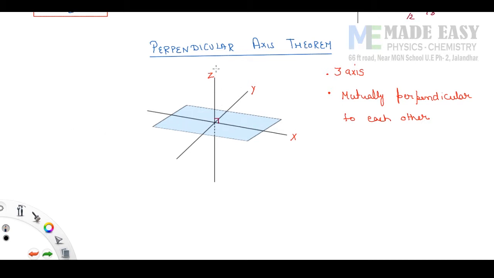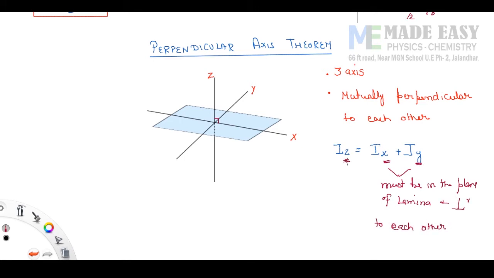Okay. So what the perpendicular axis theorem says is, the moment of inertia of this lamina about the z-axis, that is, an axis which is perpendicular to the plane of this lamina, Iz, is equal to the moment of inertia about the x-axis plus the moment of inertia about the y-axis. Here you should not make a mistake. These two axes must be in the plane of the lamina, and both should be perpendicular to each other.